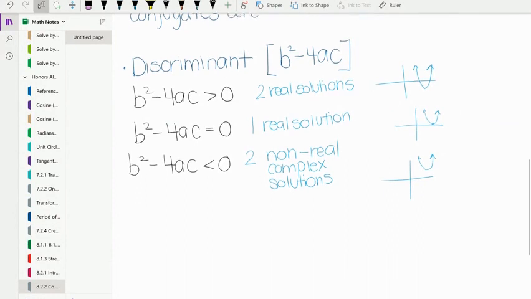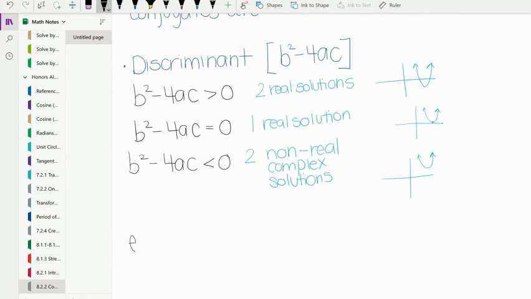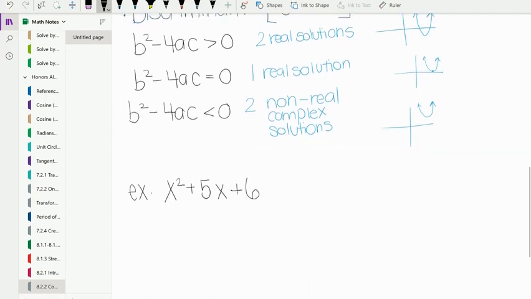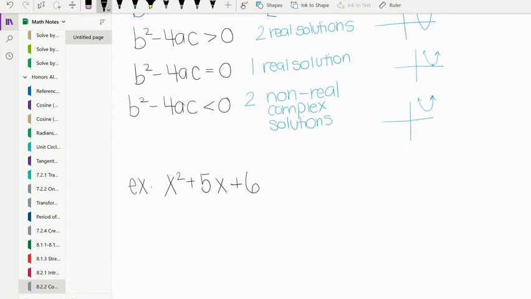So for example, if we have a quadratic x squared plus 5x plus 6, and I want to know how many solutions without solving that, I would plug it into the b squared, which would be 25.